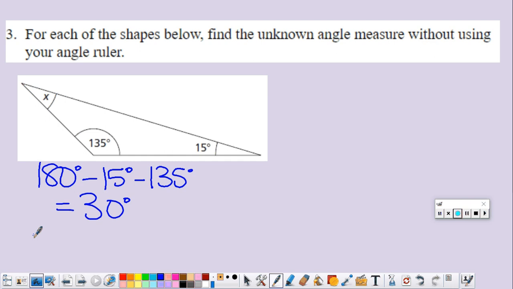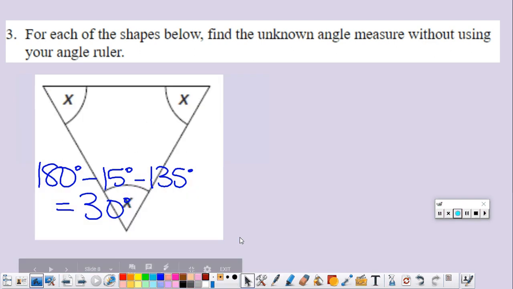To figure out the other degrees, right? I'm taking my total, 180, subtracting what I have, and that's going to give me my missing angle, right? Okay, how is this different than how we've solved them before? Because we didn't add the two numbers together and then subtract it from our total. We just took out that middle step and just subtracted from our total. Okay? How many of you also got 30? Okay, so does this method work? Yes. 30 degrees. Very good.